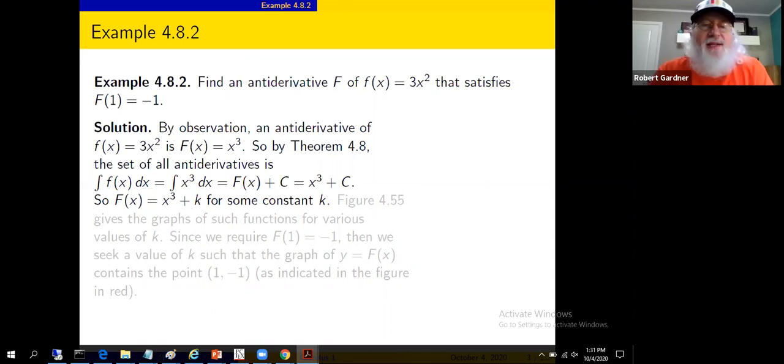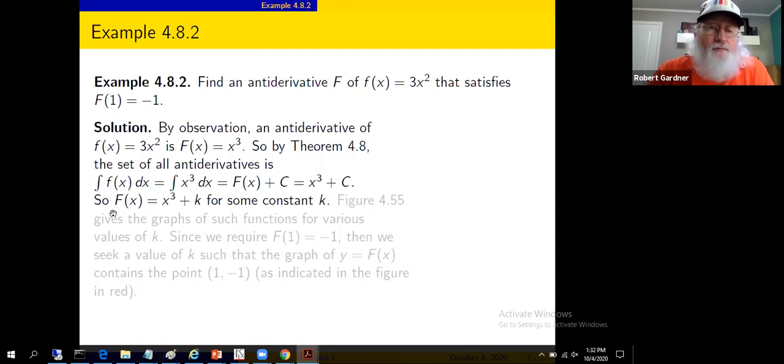So we know if we look at the indefinite integral of f of x, the indefinite integral of 3x squared, then we get, as we just stated, some antiderivative plus an arbitrary constant, capital C. So the indefinite integral of this function is x cubed plus c. It's all functions of the form x cubed plus some number, some constant. The constant could be anything.